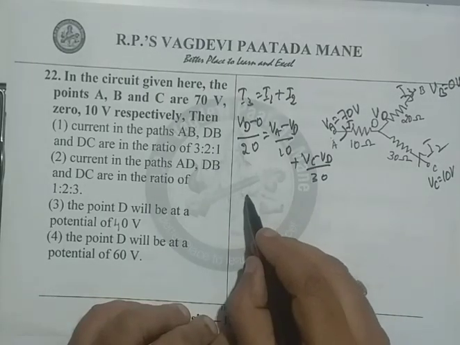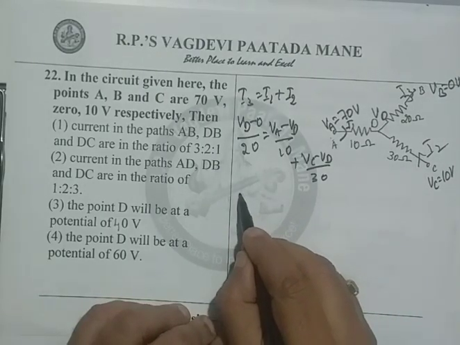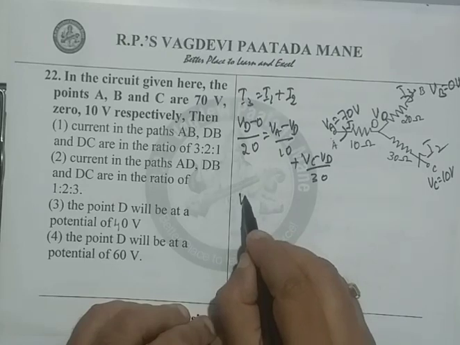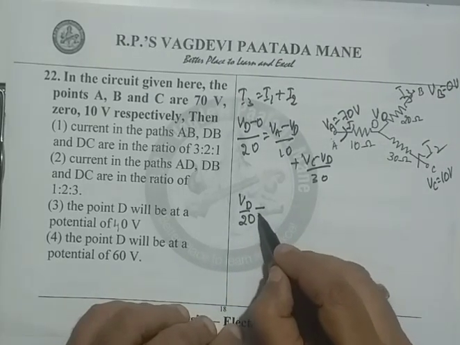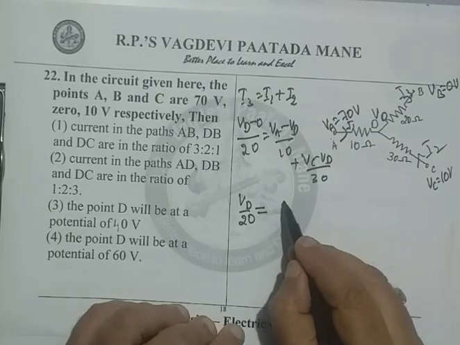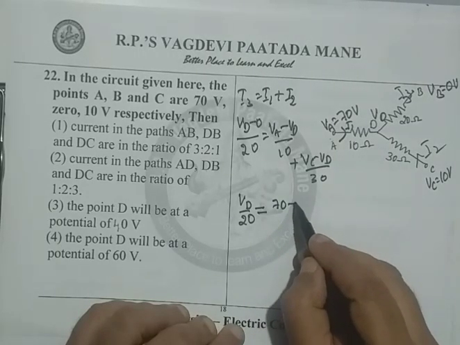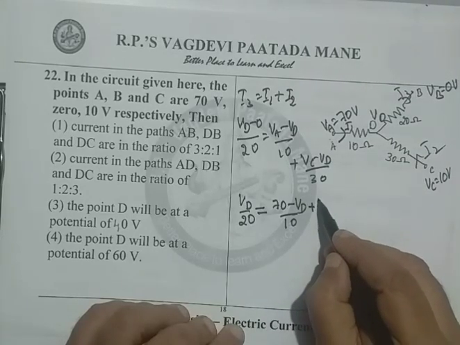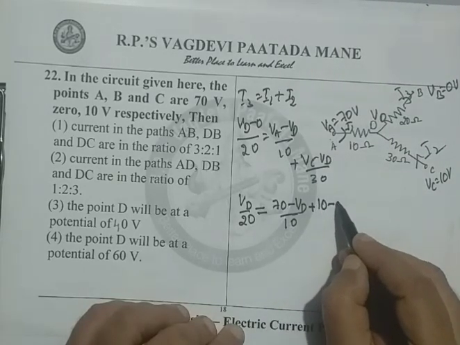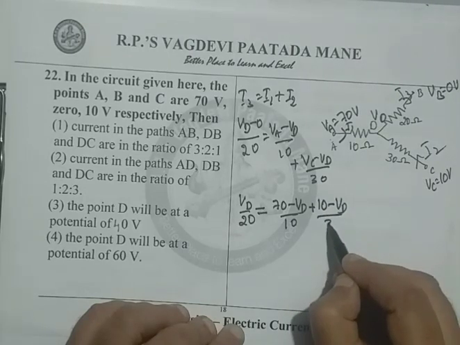By doing the simplification, we can simply write, say, VD by 20 equals VA 70 minus VD by 10 plus VC 10 minus VD by 30.